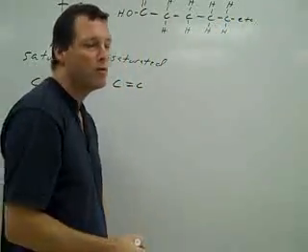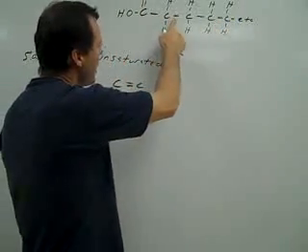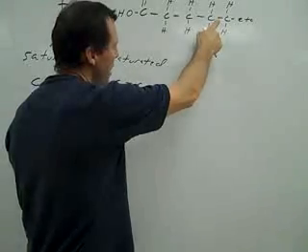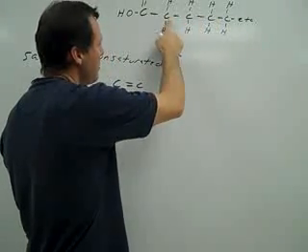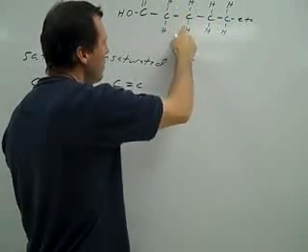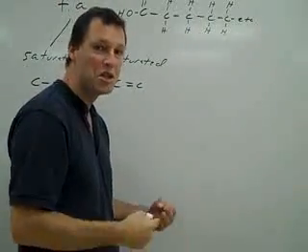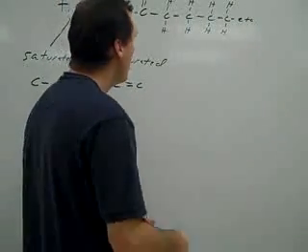This is a saturated fatty acid because it only has single bonds between the carbon atoms, and each carbon atom is holding the maximum number of hydrogens. So the carbons are saturated with hydrogens.